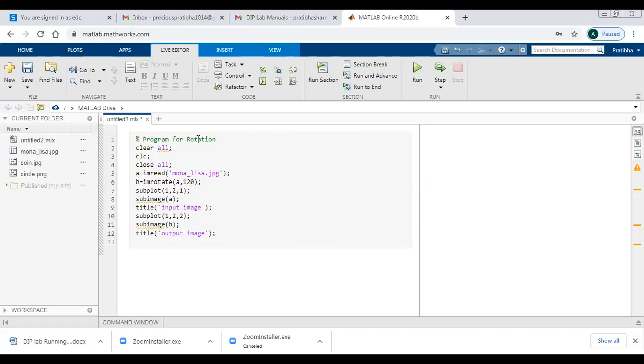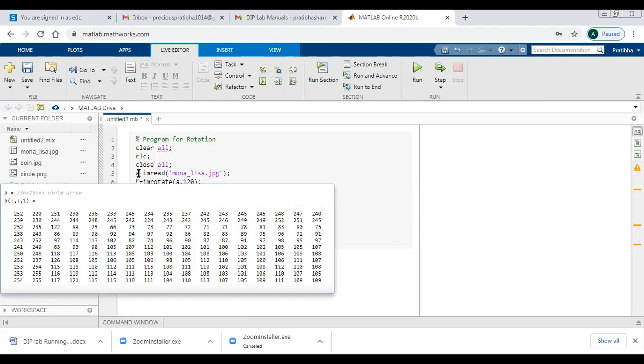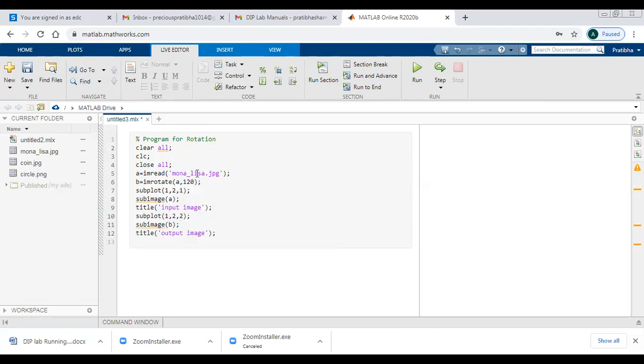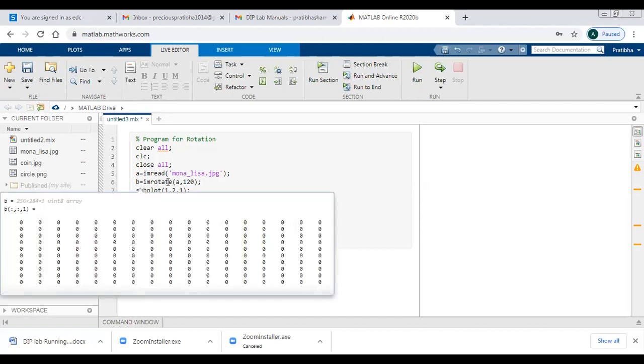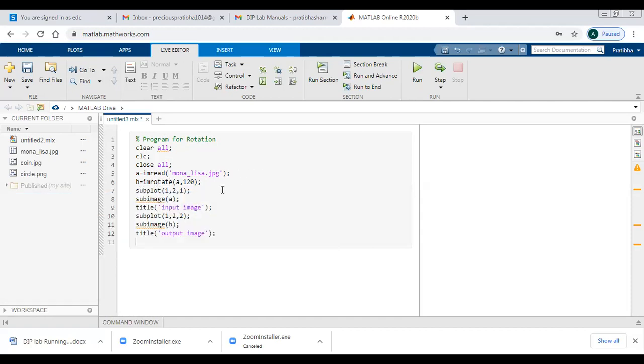I have copied the code for rotation in our live script on the MATLAB online platform. Here we are using the imrotate command. The A variable holds our original image, that is monalisa.jpg, and the B variable holds the image after rotation. I have used a 120-degree angle. You can use any angle.